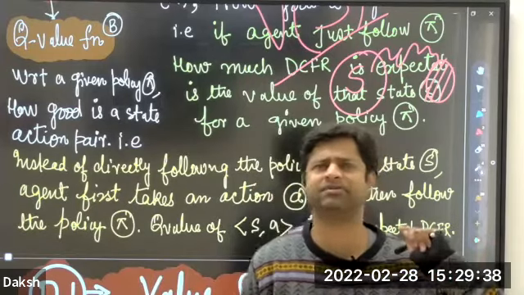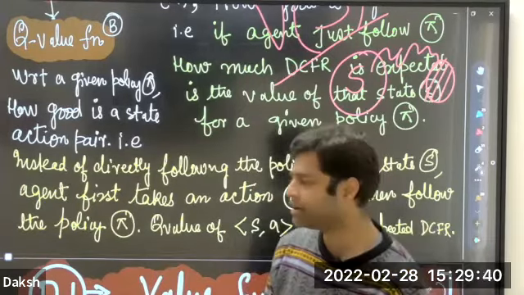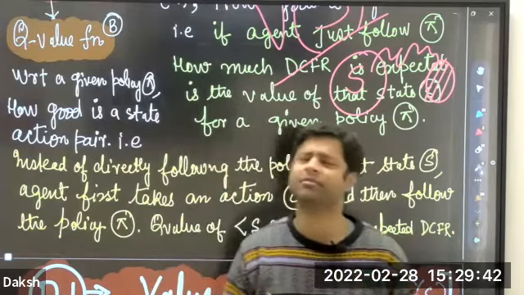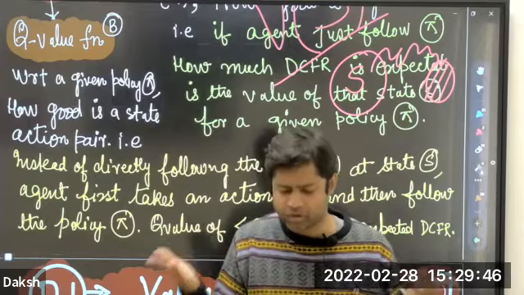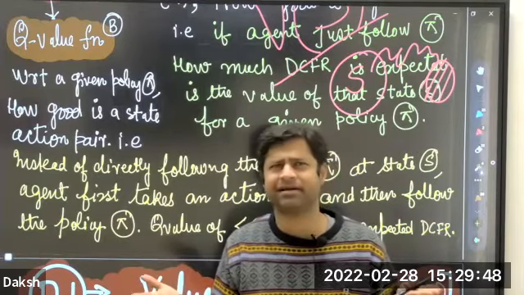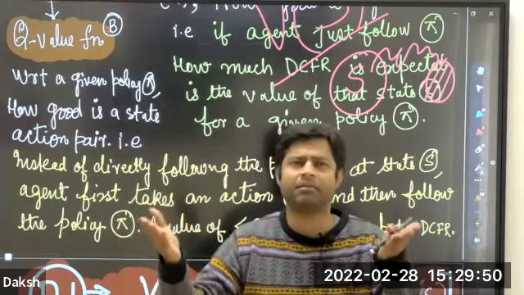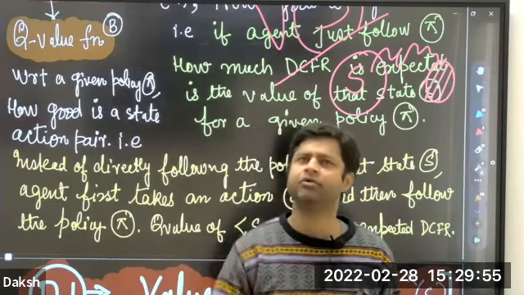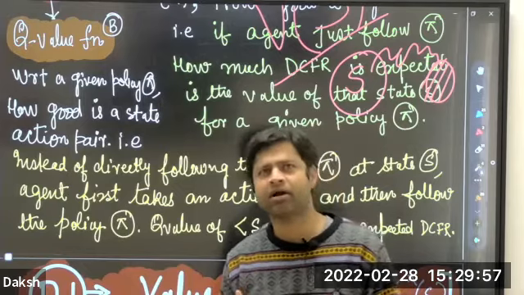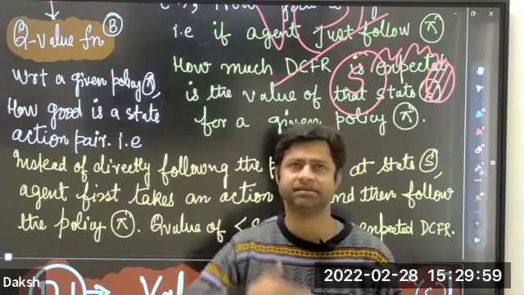He said pi 2 is better. Here, we are trying to define terminology by which we can understand, given two policies, which one is better. Because you now have a comparator which can compare two policies. When you can compare two policies, then you can even tell whether your policy is improving or not.